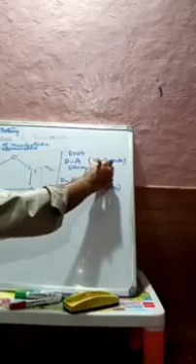What is this known as? This is called deoxyadenosine. And what is this called? Deoxyadenosine monophosphate. So with naming we have to be very much careful.